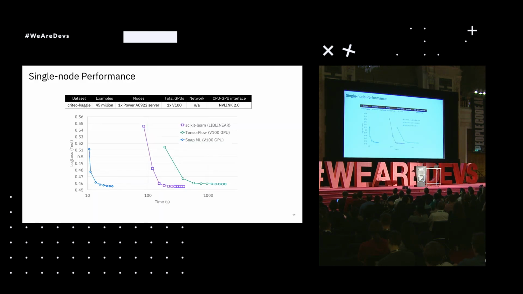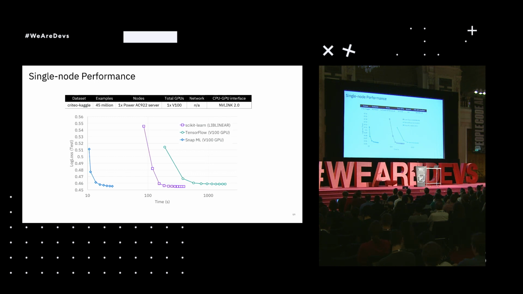OK, so this is the single node performance. We have the smaller data set. We use a single NVIDIA V100 GPU, and here we compare the performance with scikit-learn. This is logistic regression, by the way. This is log loss, so lower is better, and time in seconds.